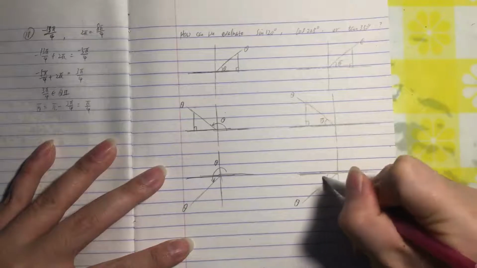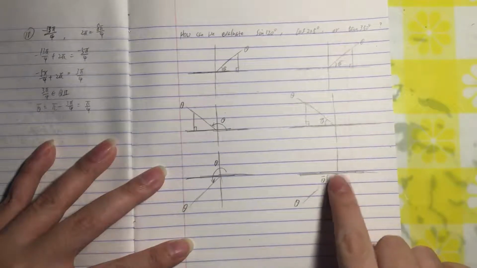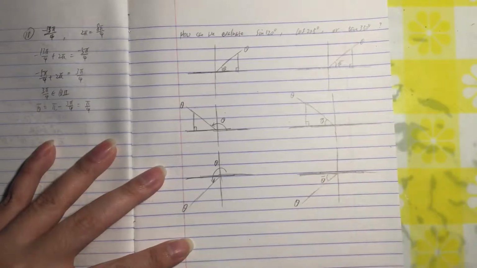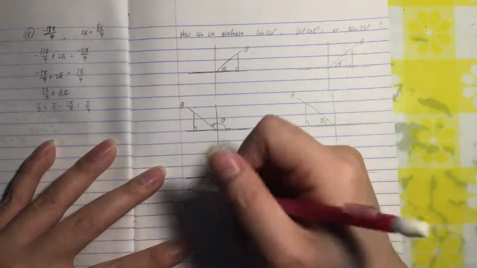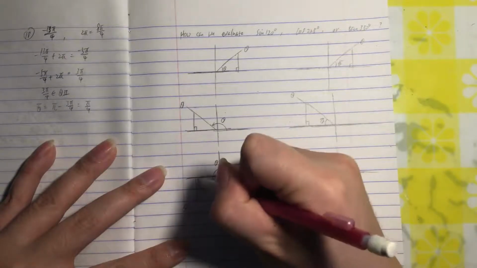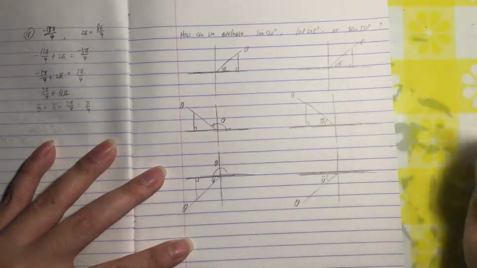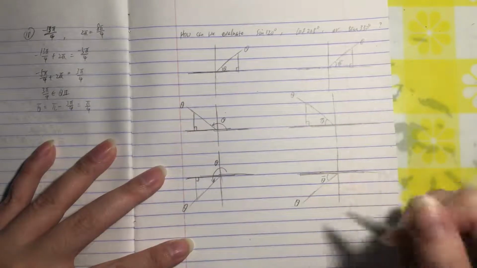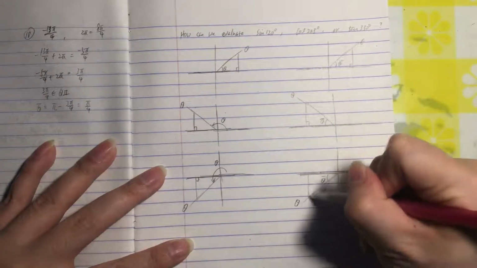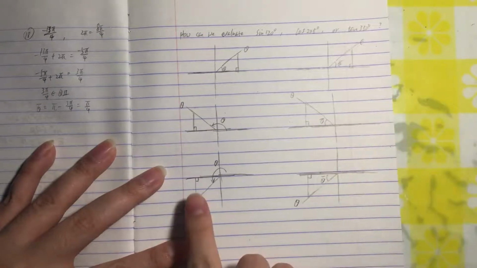That's its reference angle in quadrant 3. If we draw a triangle for angle theta, it looks like this. And if we draw a triangle based on its reference angle, it looks similar. They are similar triangles.